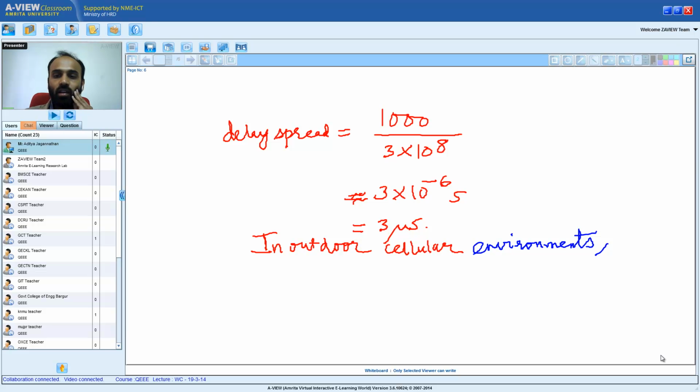In outdoor cellular environments, distances are approximately of the order of kilometers.